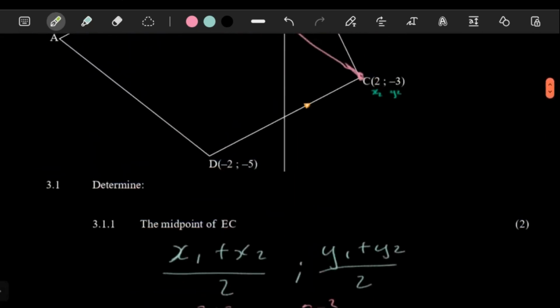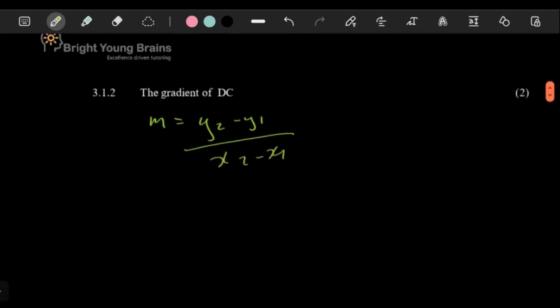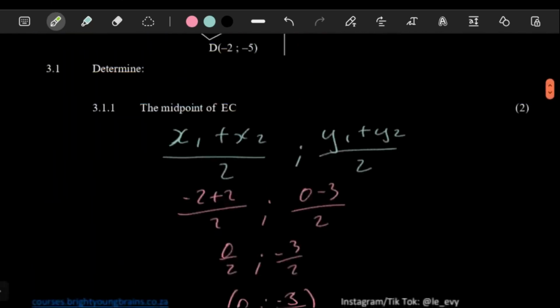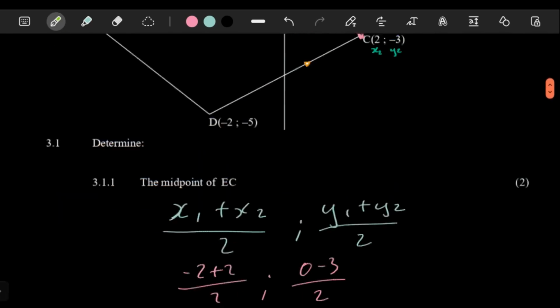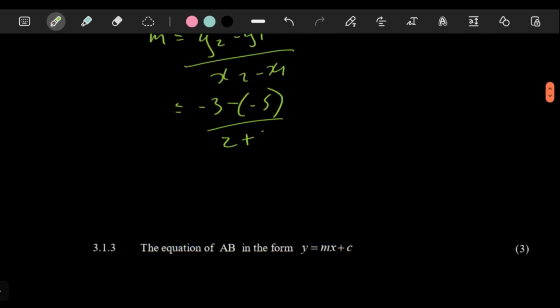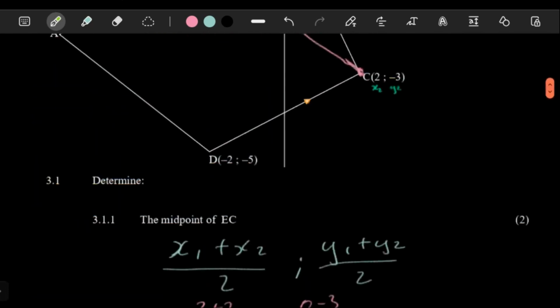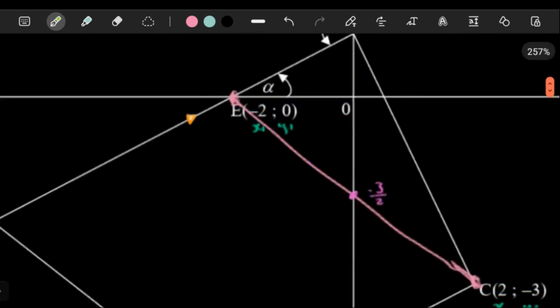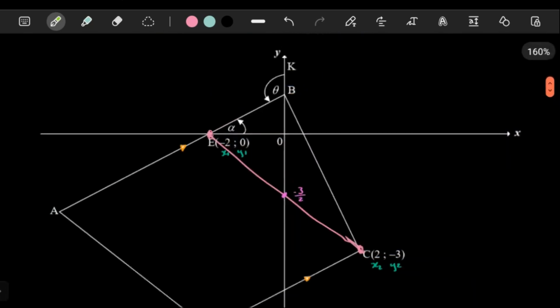And then obviously you can just say here -3 minus -5, over 2 minus -2, which would be a plus. Negative 3 plus 5 is 2, over 4. That's a half. Gradient is a half. You get your 3 marks, you keep it moving. So it means the gradient of AB is also a half.